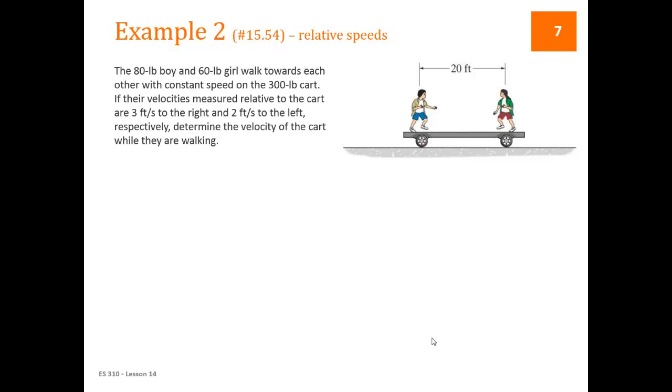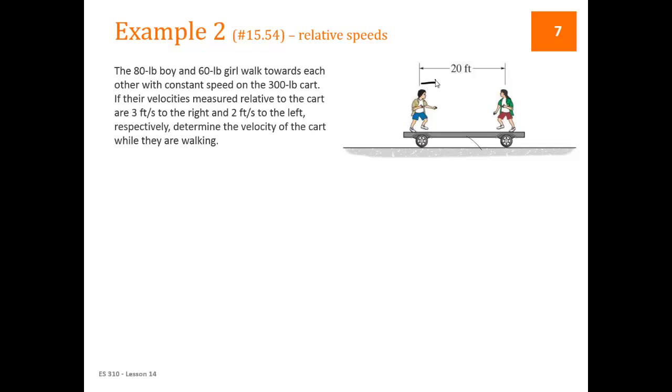Here's another example, and in this example we're given information about relative speeds. Think back to our kinematics and how we deal with relative speeds, because we're going to have to deal with those to handle this problem. We have a cart, and originally everything is stationary. Then the boy and the girl start walking towards each other. The boy weighs 80 pounds, the girl weighs 60 pounds.